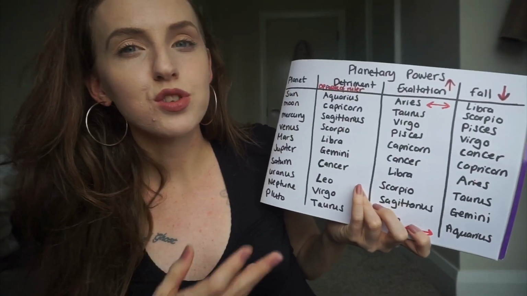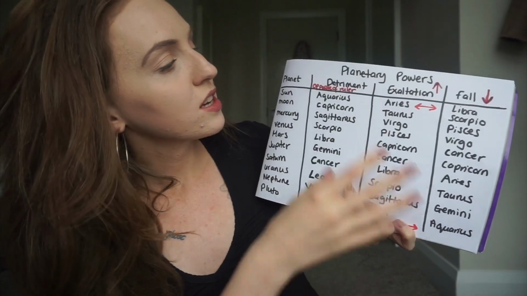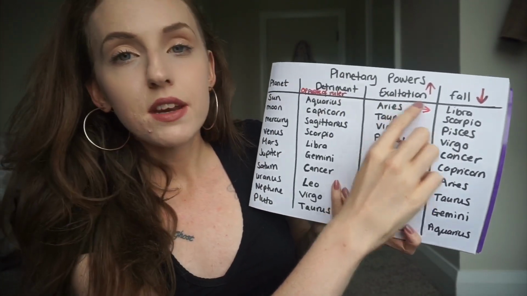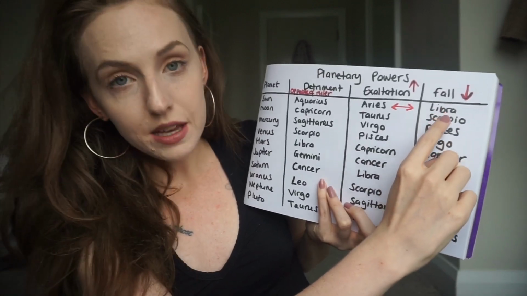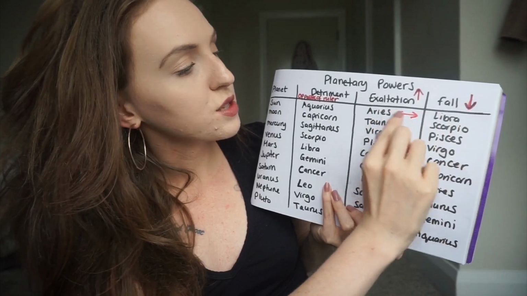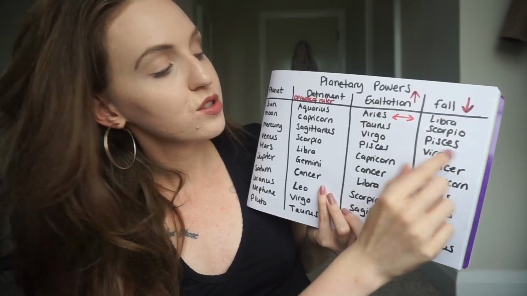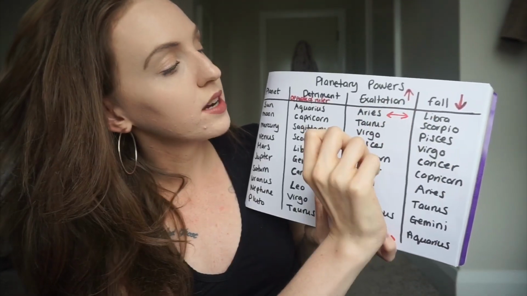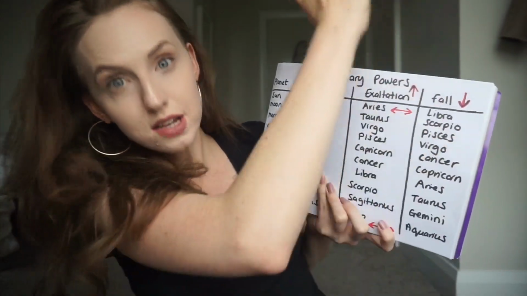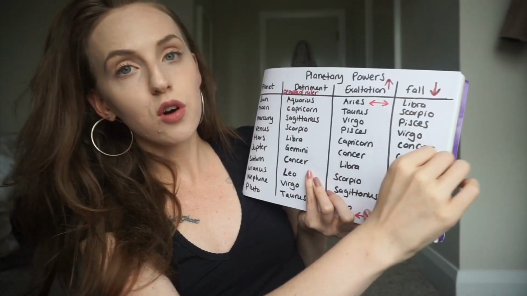And then when it comes to exaltation and fall, you'll see that the sun is exalted in the sign of Aries, but then it falls in the sign of Libra. And the way that works is, again, opposites. That's why I put those little arrows in there. So the opposite of Aries is Libra, and then I put in an arrow going up to show exaltation, and then to show fall.